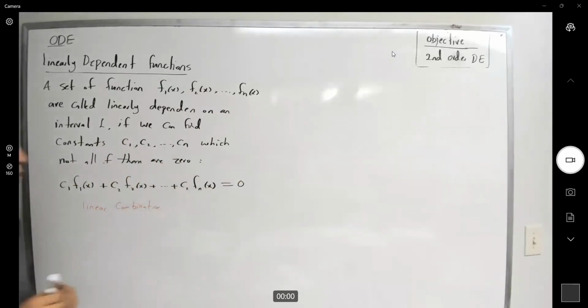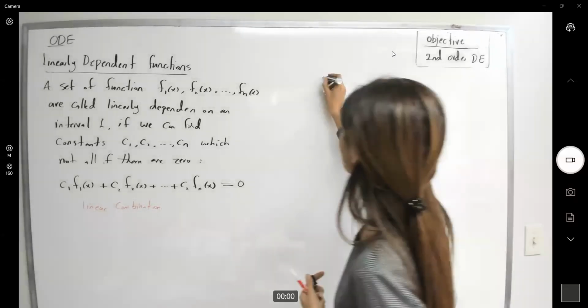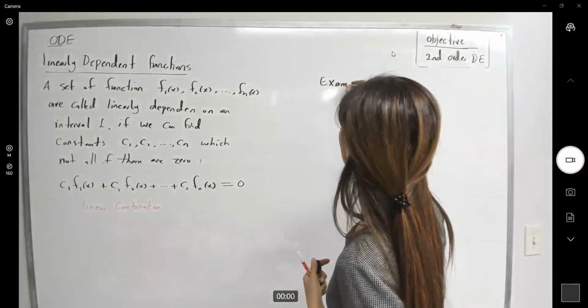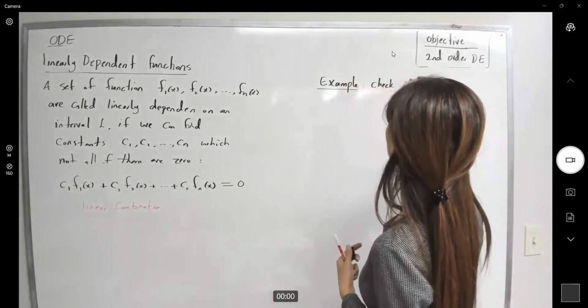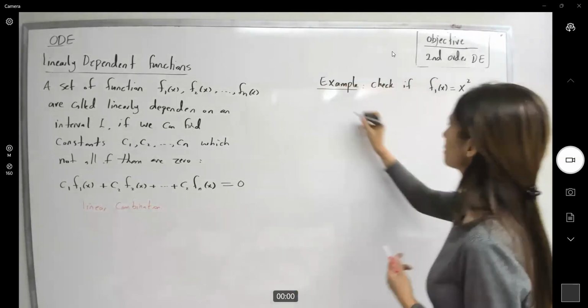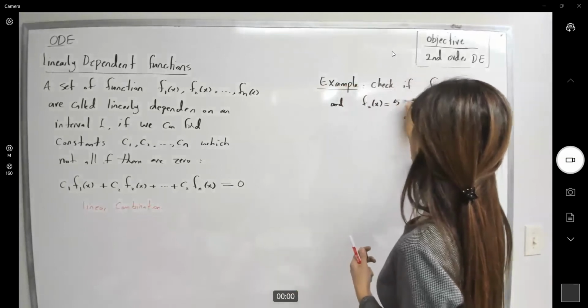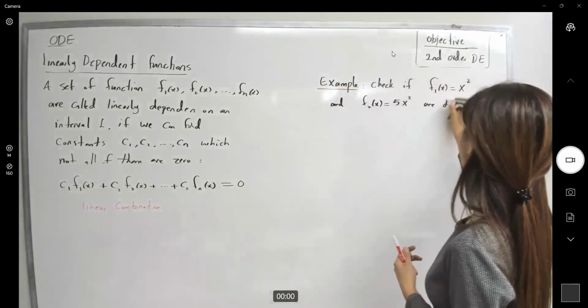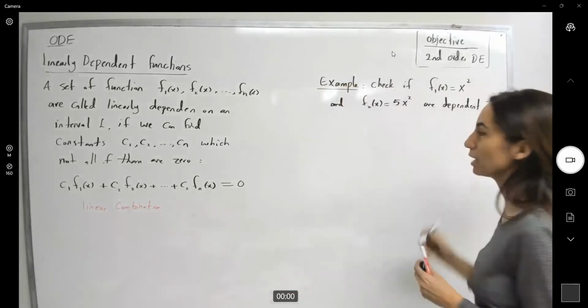Let's go over a very simple example. Check if f1(x) equals x squared and f2(x) equals 5x squared are linearly dependent or not.